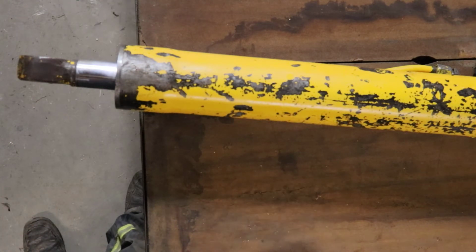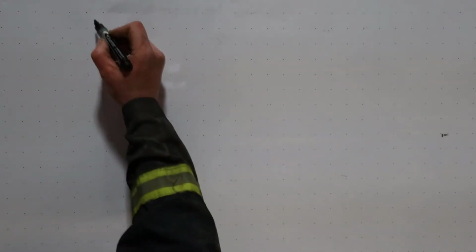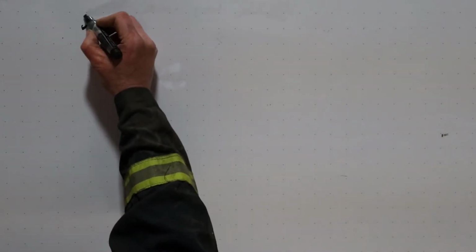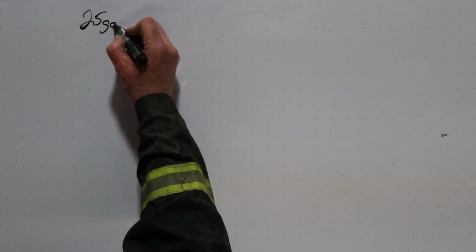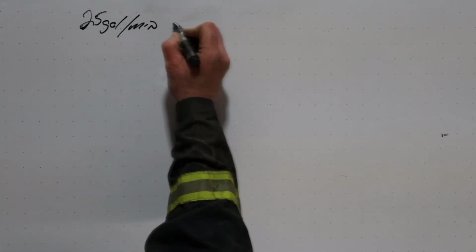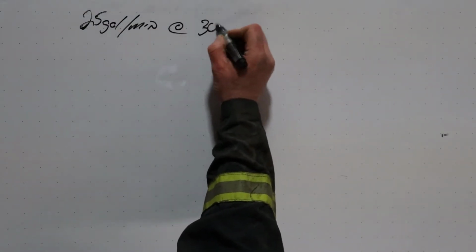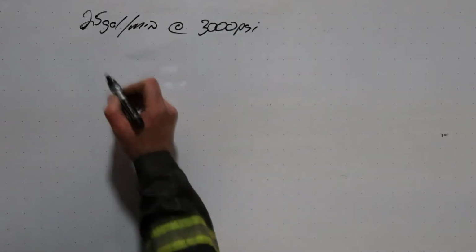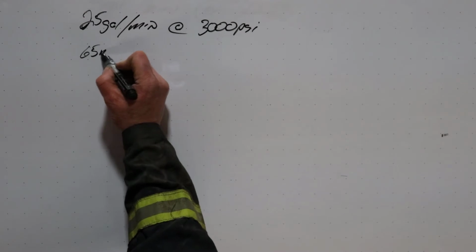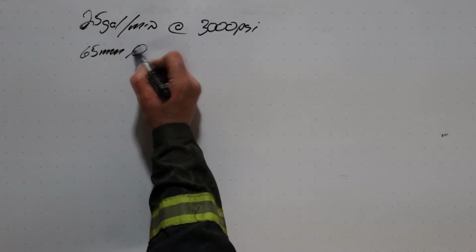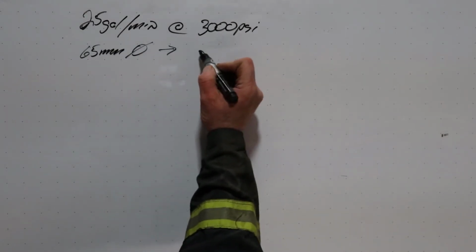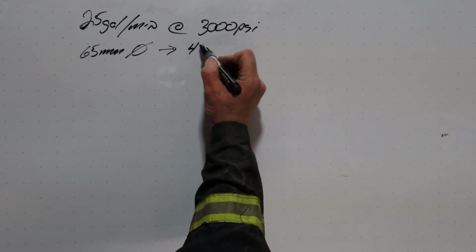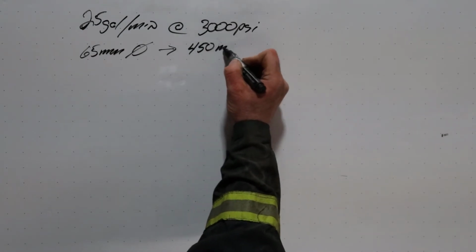And that's what our math is going to be on today. To recap our specs, we had 25 gallons a minute at 3000 psi. Now the cylinder had a 65 millimeter diameter bore and a stroke length of 450 millimeters.